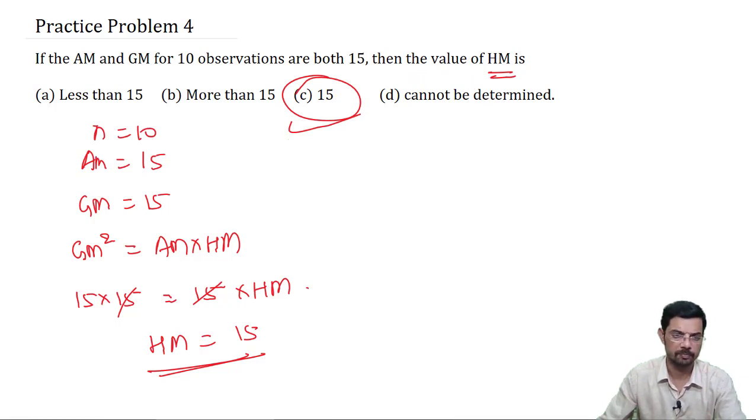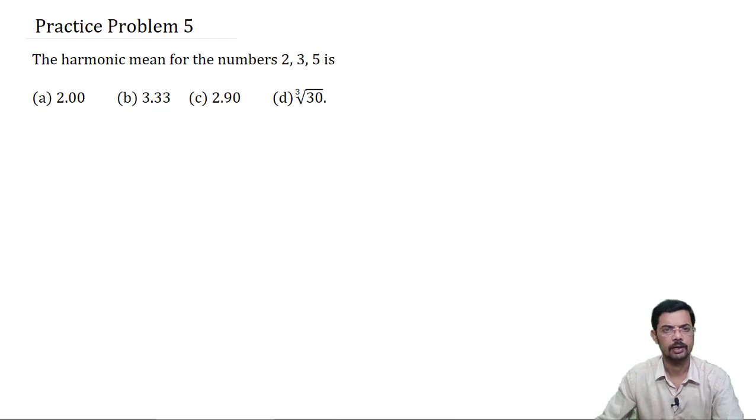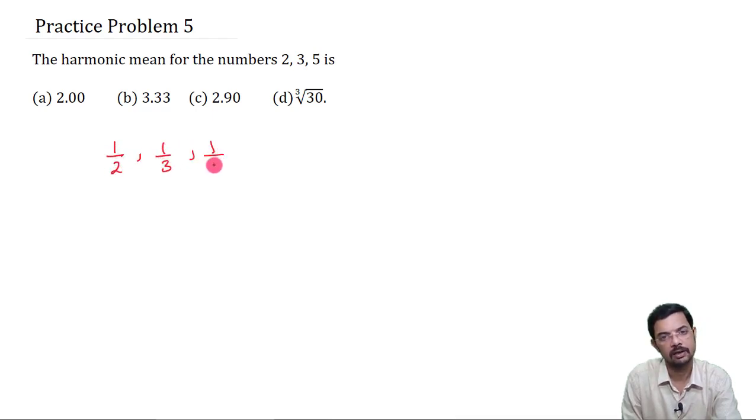Next, the harmonic mean for 3 observations. This is the actual problem where we use the definition. First of all we find the reciprocals: 1 by 2, then 1 by 3, and then 1 by 5.